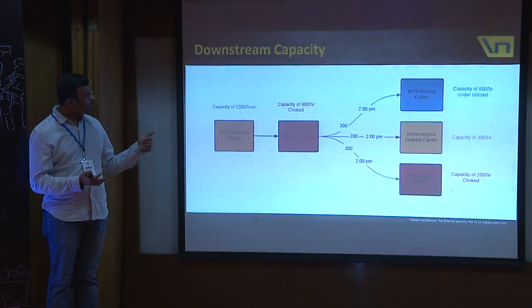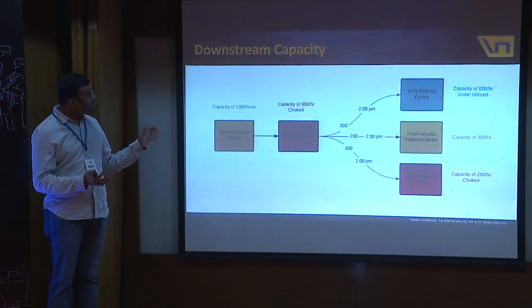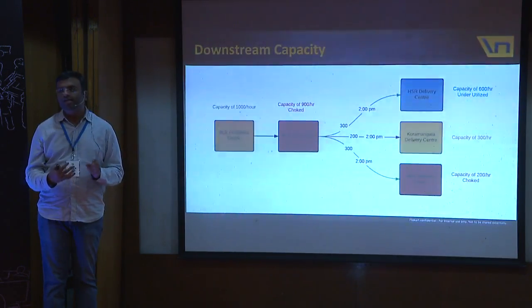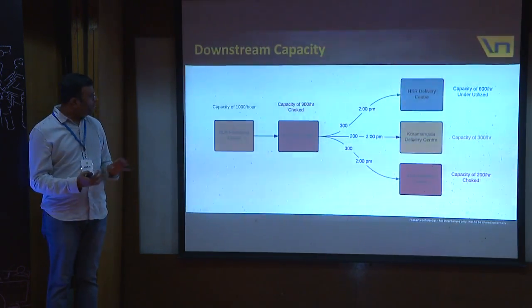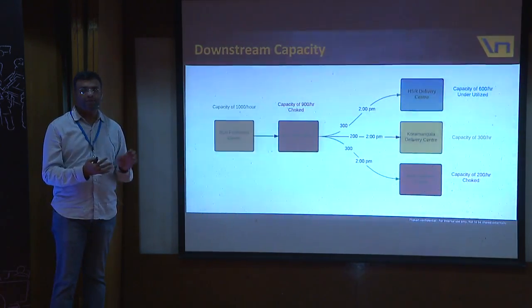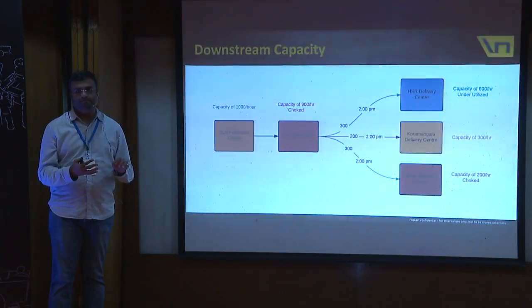In the third case, Koramangala does have a capacity of 300 per hour, but the transportation as such, we have capacity of only 200. So we end up choking the transportation here. So the point is, you cannot take arbitrary decisions. You have to take decisions based on the transportation time and the downstream capacity.